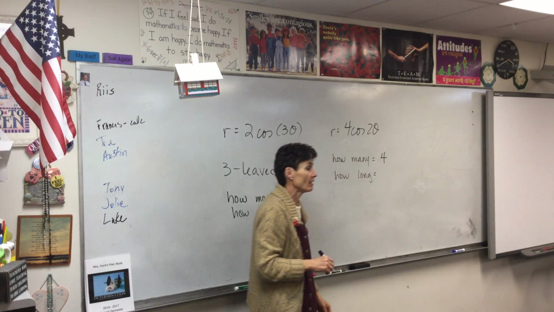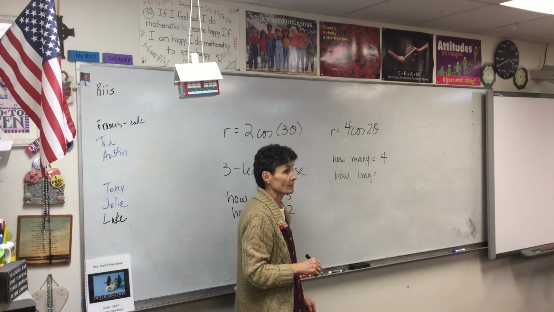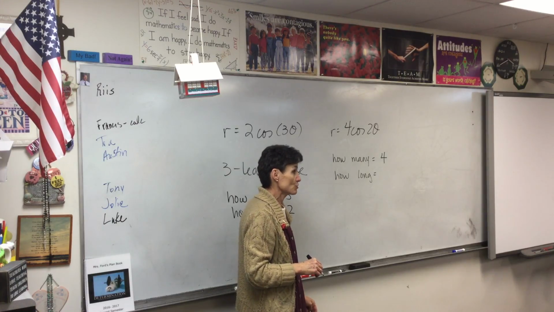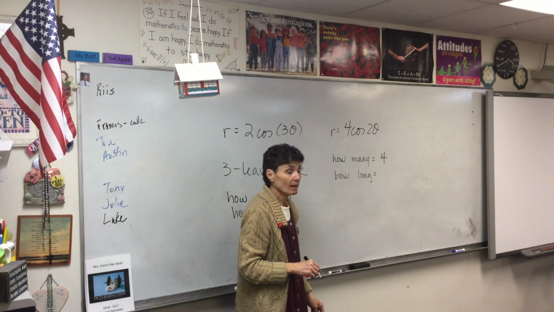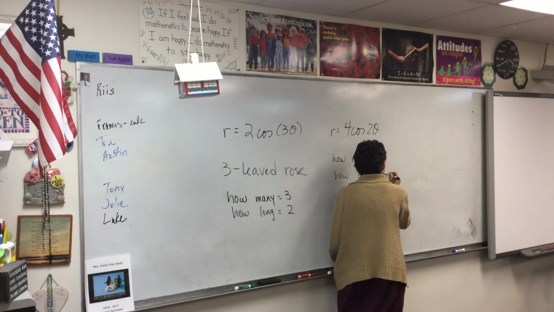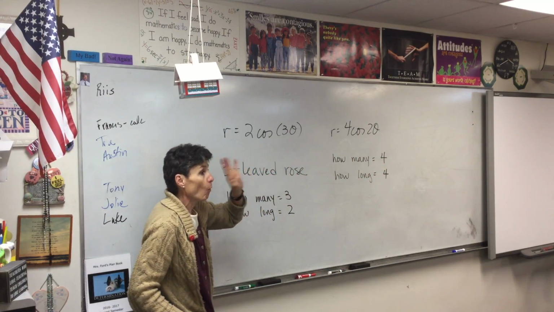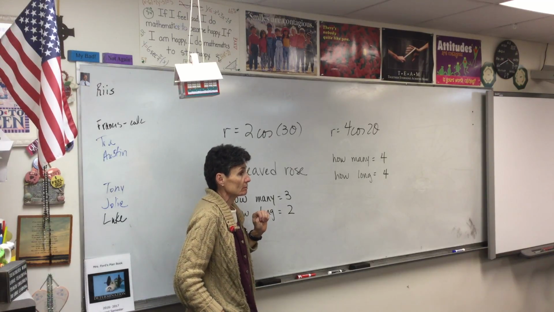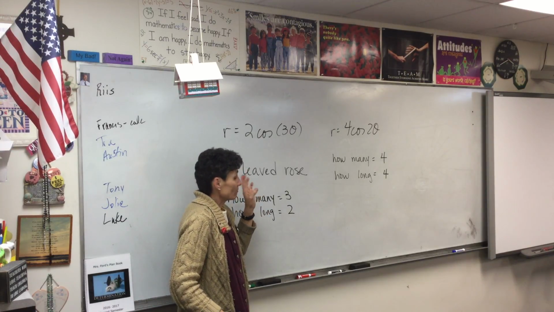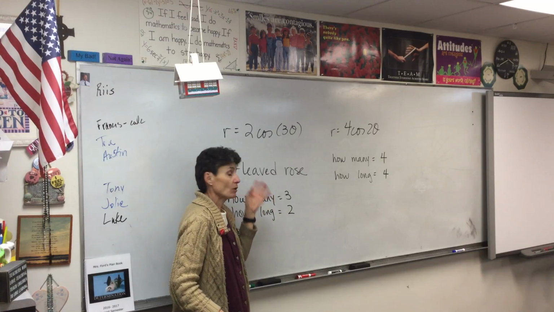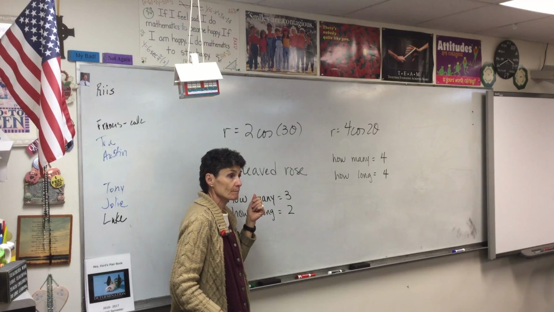You should be able to tell how long they are. They should go right to the end of your screen, the way we set it up. So they are 4 long. So this equation was a 4-leaved rose. It has 4 leaves, and they happen to all be 4 units long.